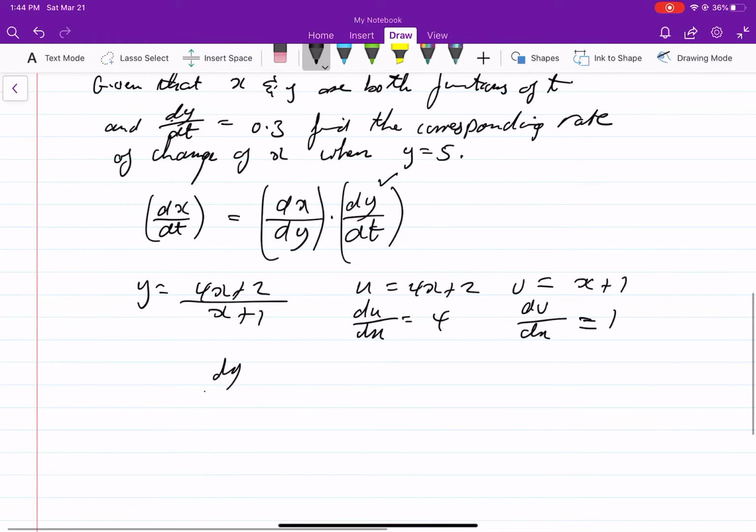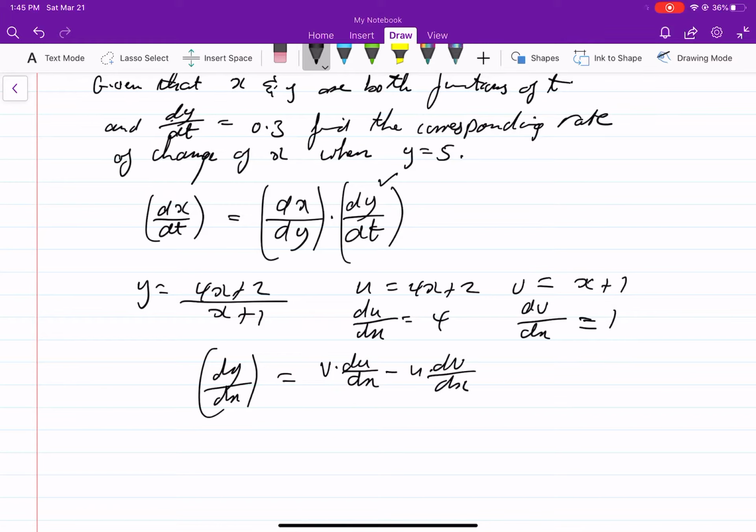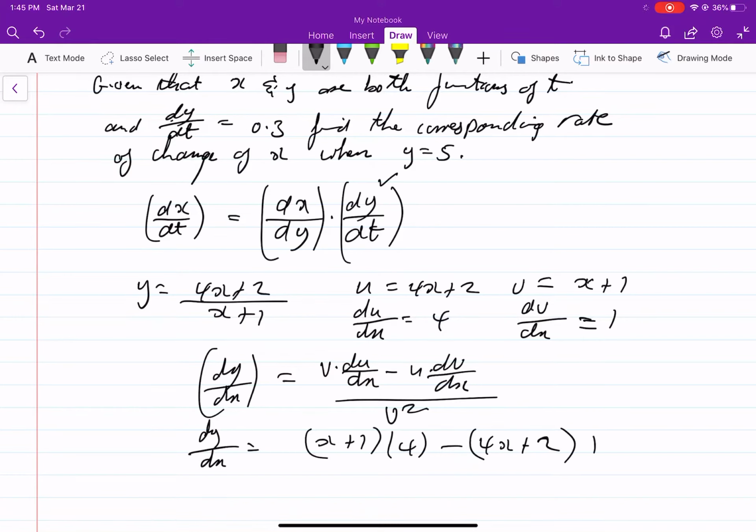And dy/dx is equal to (v du/dx minus u dv/dx) all upon v squared. dy/dx: v is x plus 1 times the derivative of the numerator, which is 4, minus u, 4x plus 2, times the derivative of the denominator, times 1, all divided by v squared, (x plus 1) all squared.